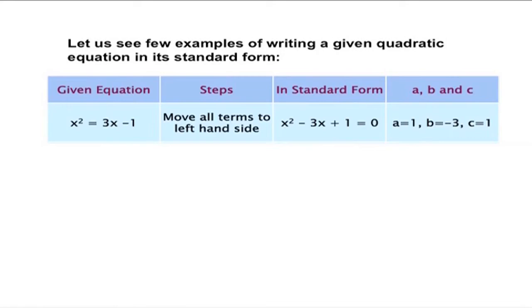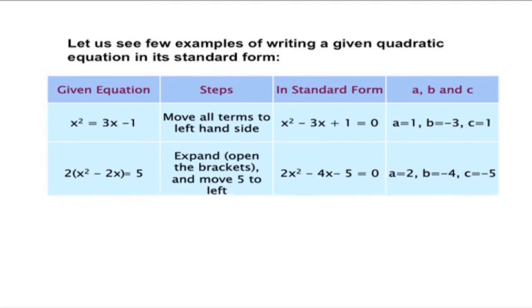The coefficients will be a equal to 1, b equal to minus 3 and c equal to 1. Similarly, the second equation, 2x square minus 4x minus 5 equal to 0. Here a equal to 2, b equal to minus 4 and c equal to minus 5.